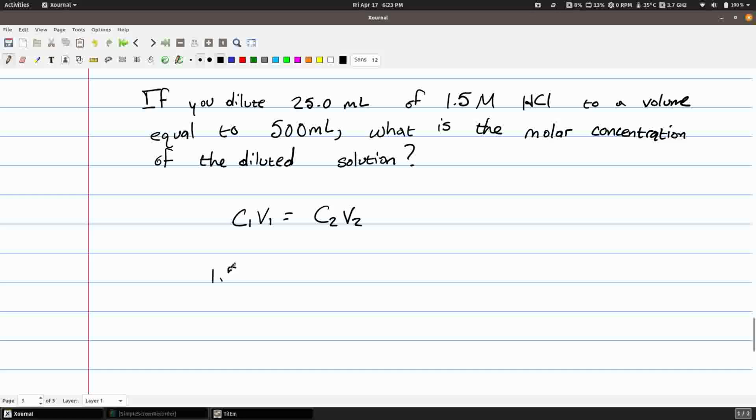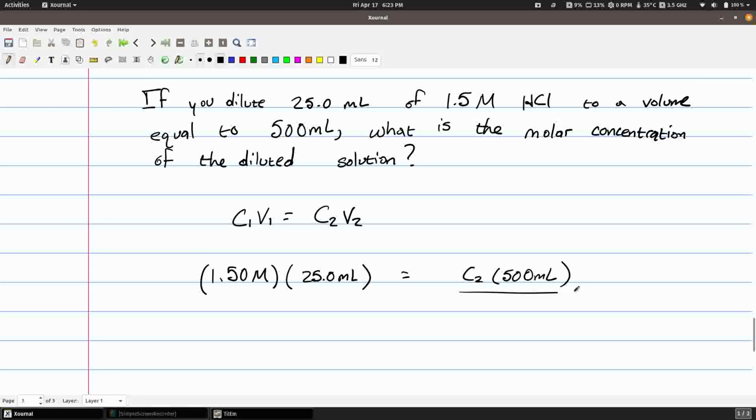So we have 1.5 molar, that's C1, times 25.0 milliliters, and that's equal to C2, which we don't know, times 500 milliliters.